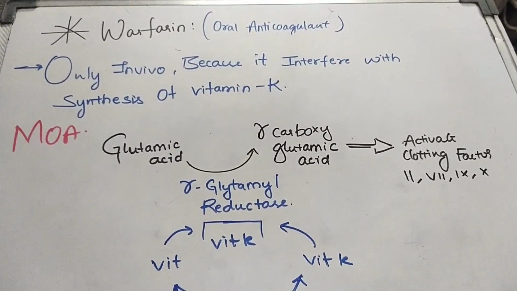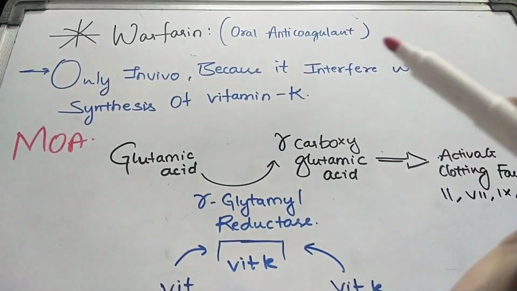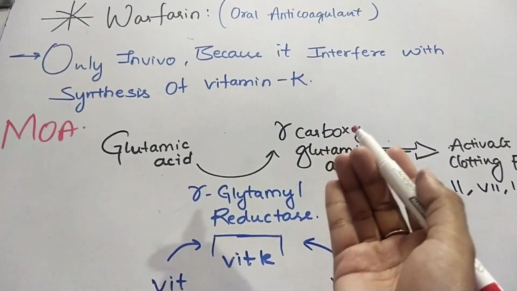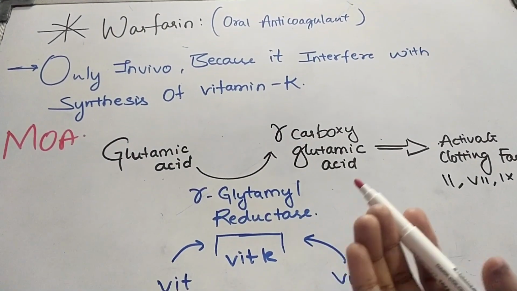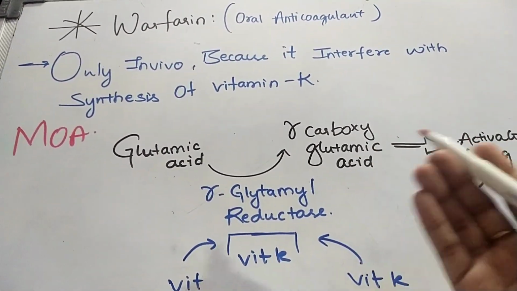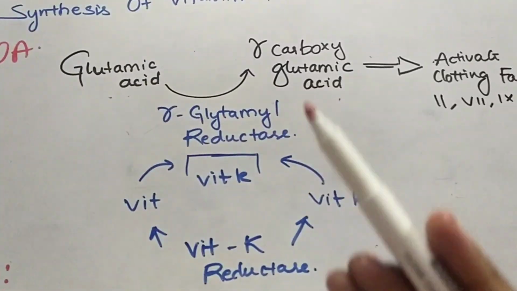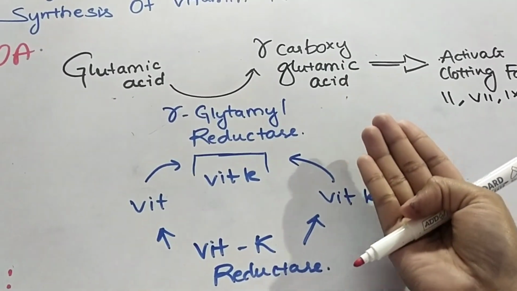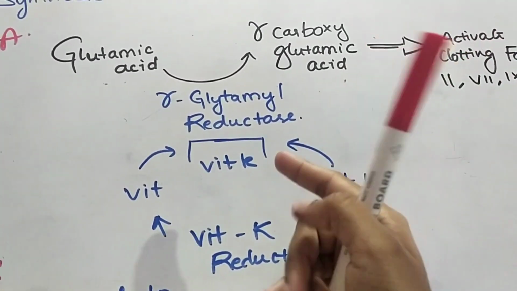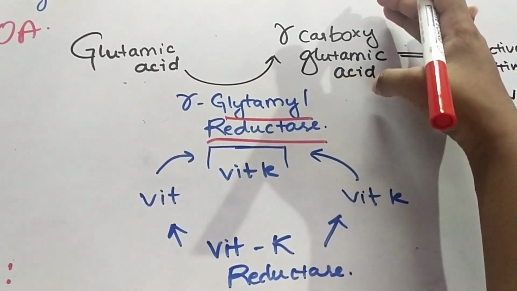Let's talk about one of the oral anticoagulants, which is warfarin. Warfarin is only used in vivo because it interferes with the synthesis of vitamin K. As we don't have vitamin K in vitro, we don't use warfarin in vitro. Now the mechanism of warfarin. Glutamic acid is converted into gamma carboxyglutamic acid in the presence of gamma glutamyl carboxylase.